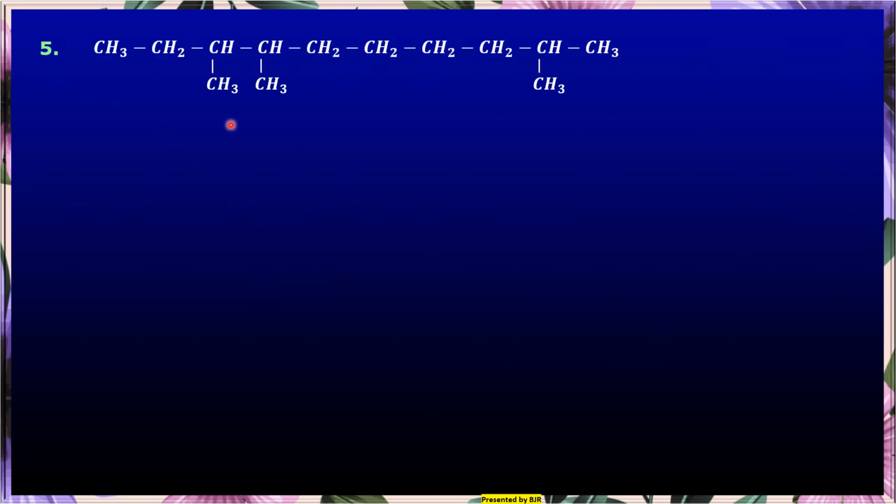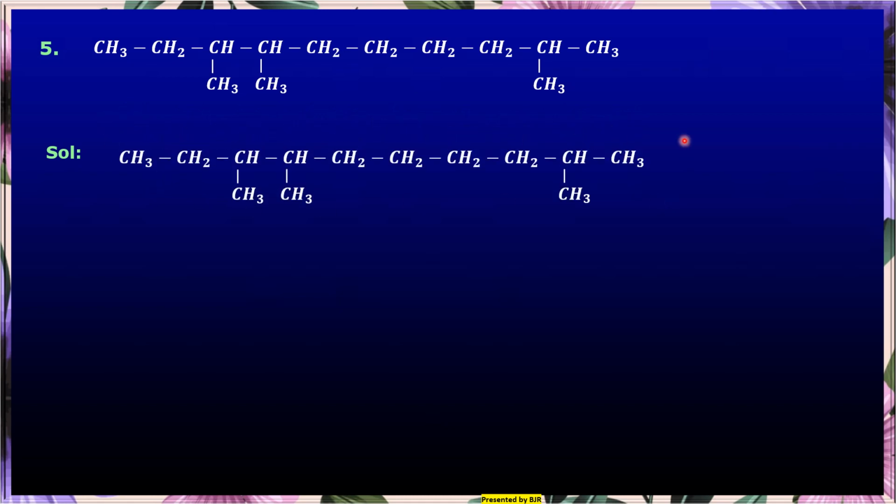Here is one problem. This is the given problem. We have to give the IUPAC name for this alkane. So this is the parent chain, obviously, because this is the longest carbon chain in this compound. So let us give the numbering from left to right.